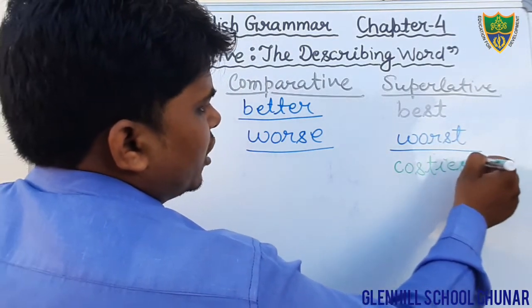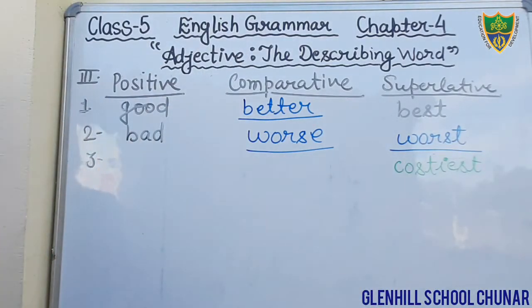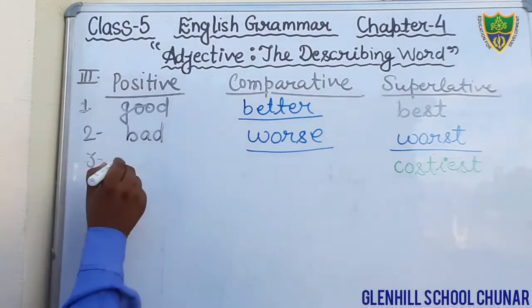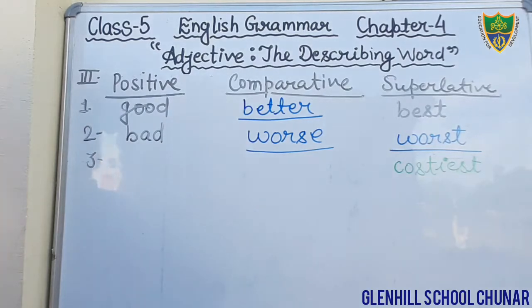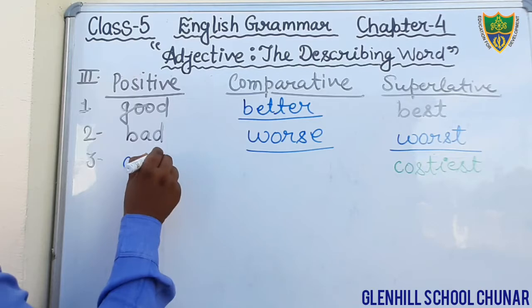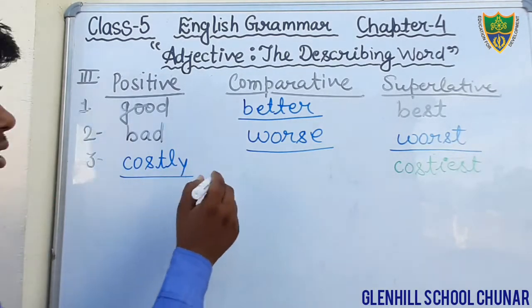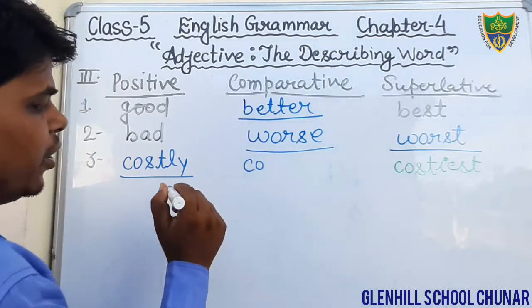Costliest is already given. And here we have to fill the positive and comparative forms. What would be the positive form? The positive form will be costly, C-O-S-T-L-Y. Just fill it. And what would be the comparative?